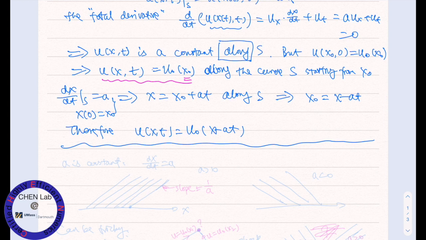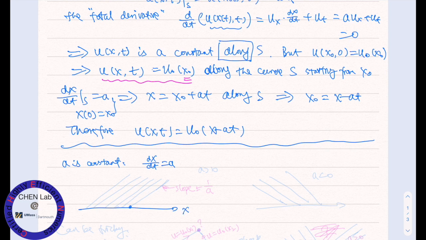If you think about it, the idea here is that if a is constant, right? If a is a constant, the characteristic curve is dx/dt equal to a. So this is the xt plane, right? dx/dt equals a.